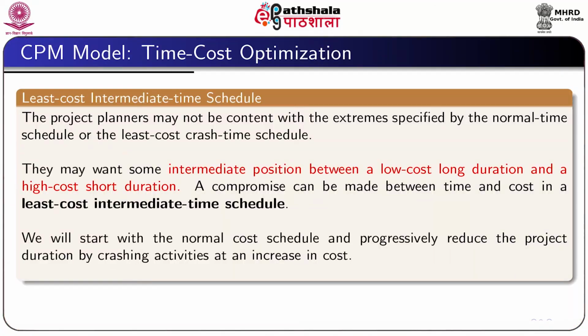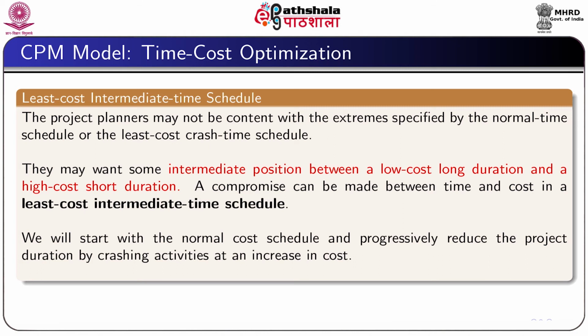But in the compromise solution, that is the least cost crash time schedule, the duration remains 15 weeks, but we are able to reduce the cost to 45,000. Thus, a compromise solution may be more acceptable than the two extreme solutions, that is the normal time schedule solution and the crash time schedule solution.